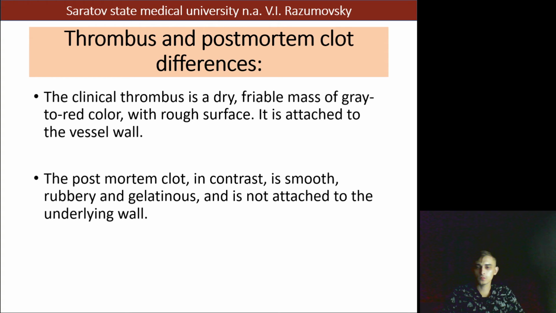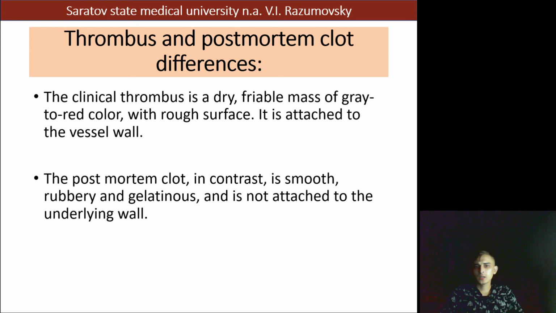The clinical thrombus is a dry, friable mass of gray to red color with a rough surface. It is attached to the vessel wall. The postmortem clot is smooth, rubbery and gelatinous, and is not attached to the underlying wall.